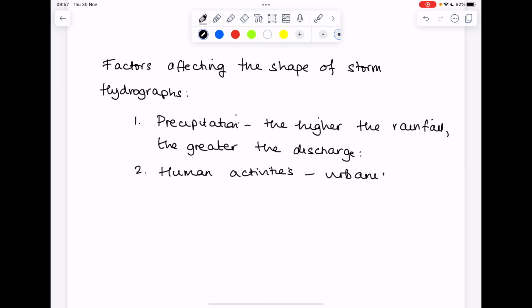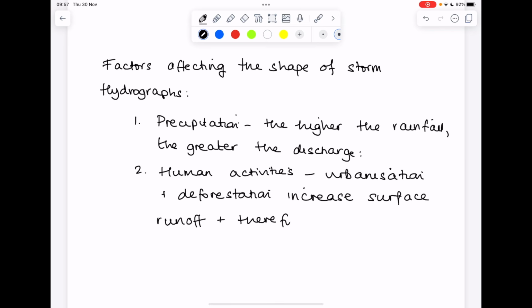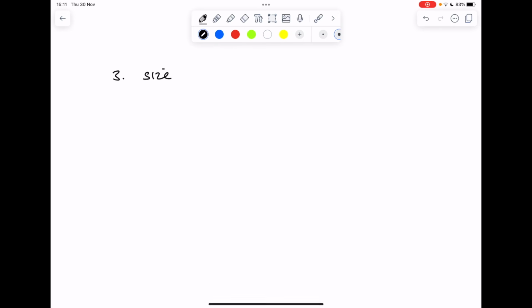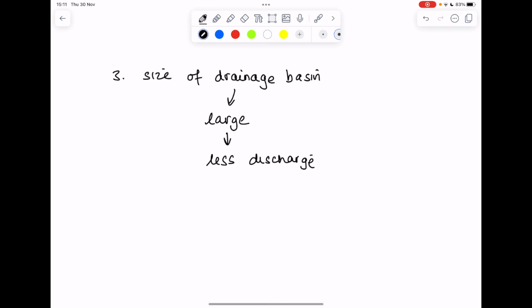Urbanization and deforestation both increase river discharge, and that's because of increased surface runoff. The size of the drainage basin will also affect the storm hydrograph, and actually you find that large drainage basins are associated with less discharge. Small drainage basins are associated with more discharge, which might seem a little counterintuitive.